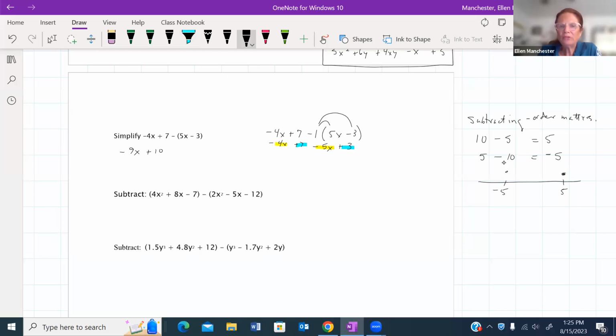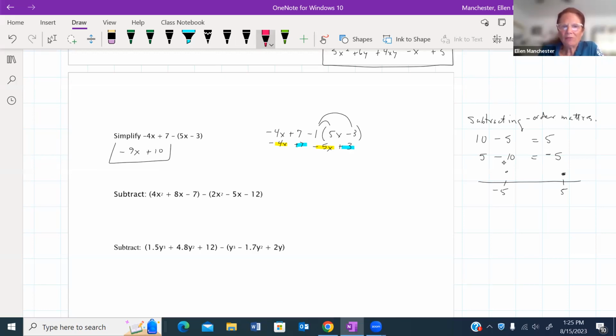Once you distribute, those parentheses go away, you have all the right signs, and now you can add your like terms. Subtraction really changes things because you're not just subtracting the 5x, you're subtracting this whole binomial, the 5x minus 3. Distributing the -1 through is one way to look at this. What I like to see is that I'm pushing this negative through everything in the parentheses.